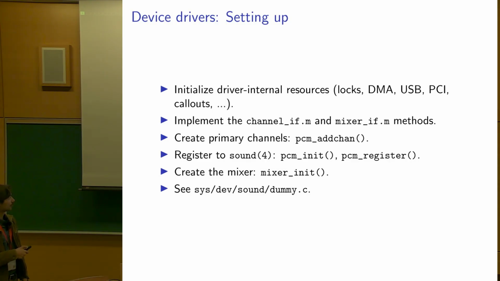Then you have to implement two interfaces that are provided by the sound4 module. I didn't explain them intentionally because I don't think there's really any reason. They are one of the ways that sound4 communicates information with the driver. Again, after the talk, we can see what they do exactly, but think of it as a generic communication layer.